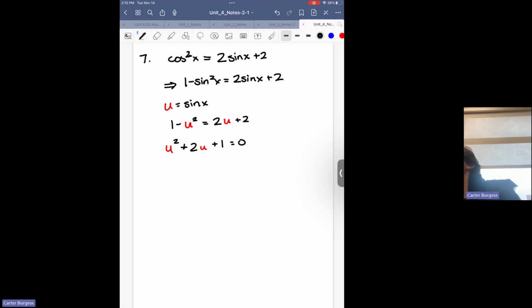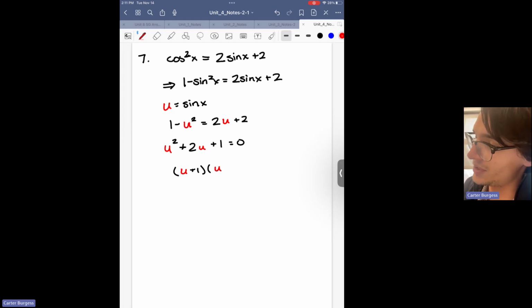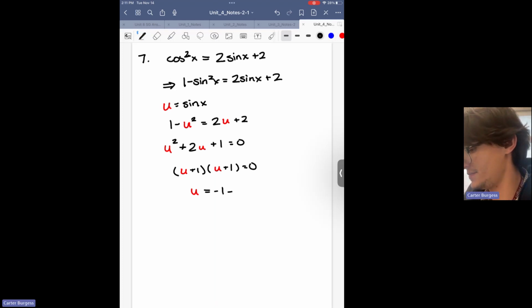What are two numbers that multiply to make 1 and add to make 2? 1 and itself. u plus 1 times u plus 1 equals 0. And so what is my value for u? -1. Am I done? No, this is really sine of x.